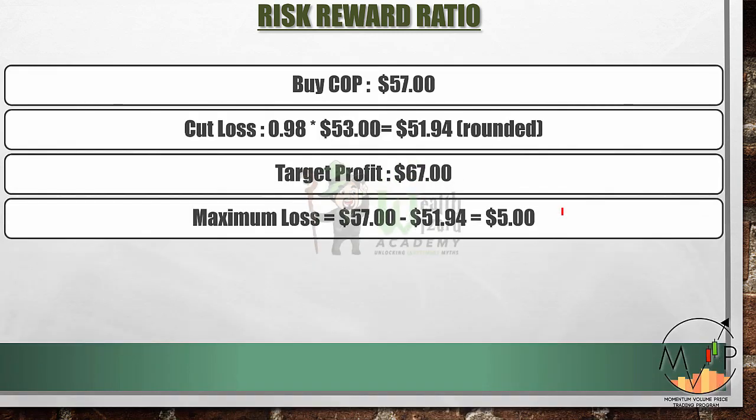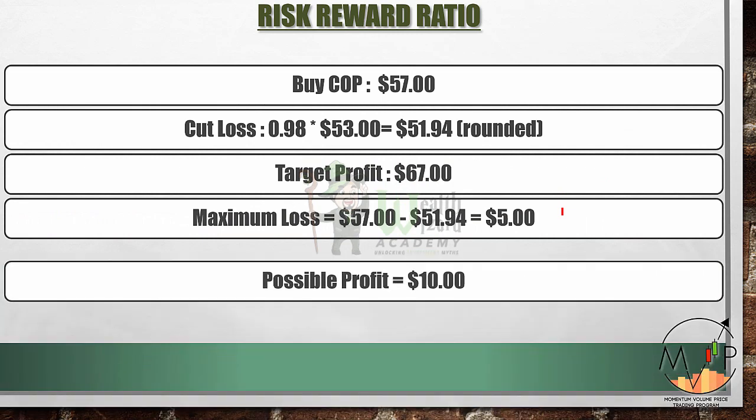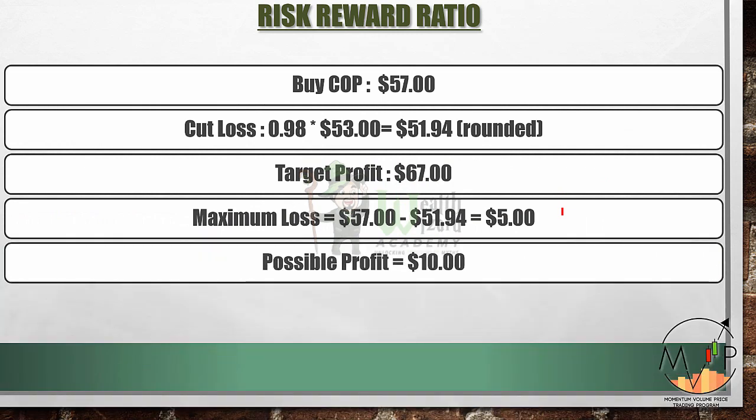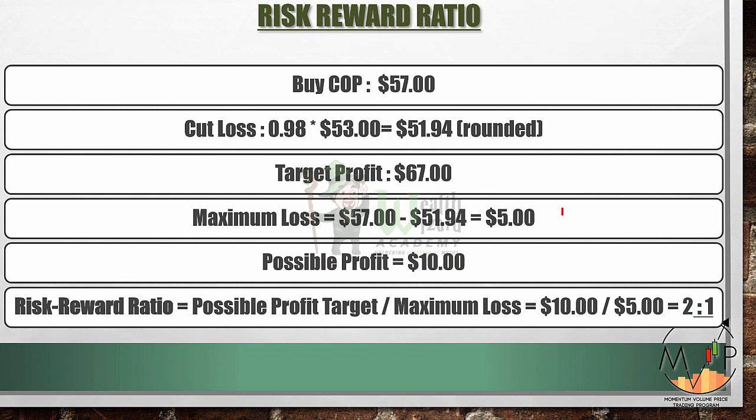Now our maximum loss is $5. Possible profit is $10. So our risk reward ratio is right now 2-to-1. Now we have the minimum risk reward ratio that we want. That's the whole idea of adjusting the cut loss level in order to get the risk reward ratio that we want to achieve.